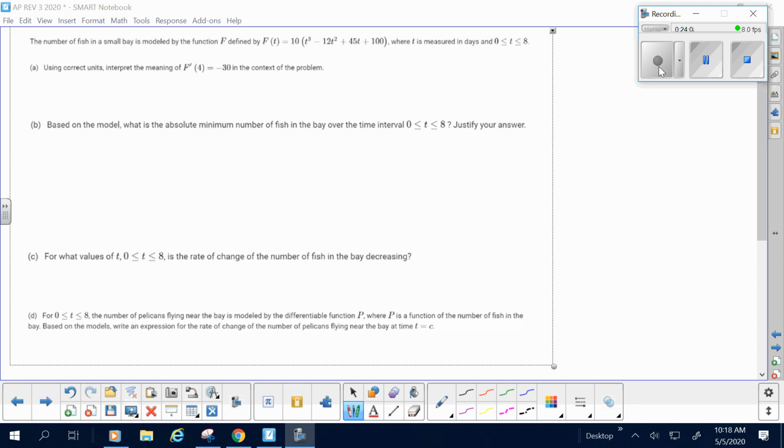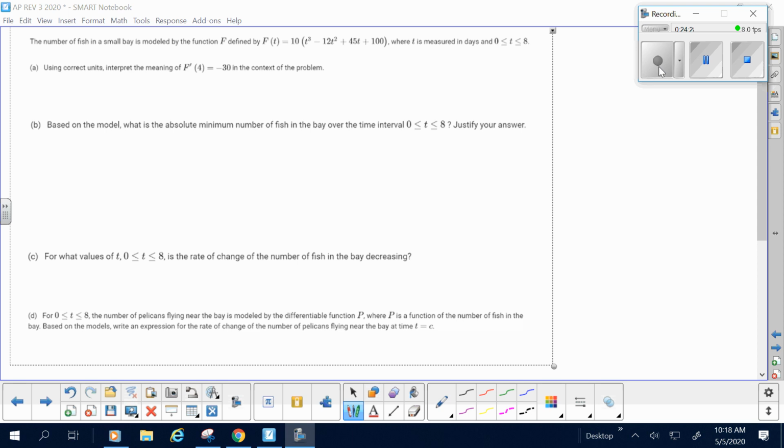Part A: using correct units, interpret the meaning of F prime of 4 equals negative 30 in the context of the problem. Give that a go and we'll go over it.